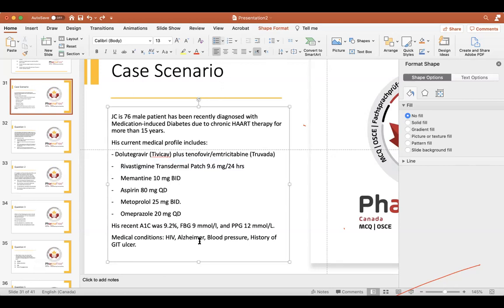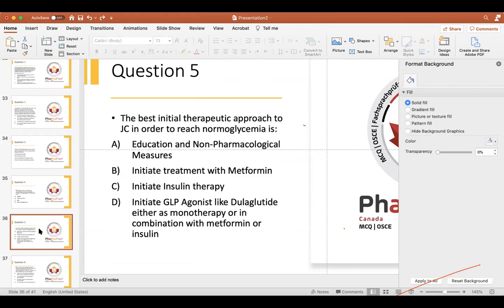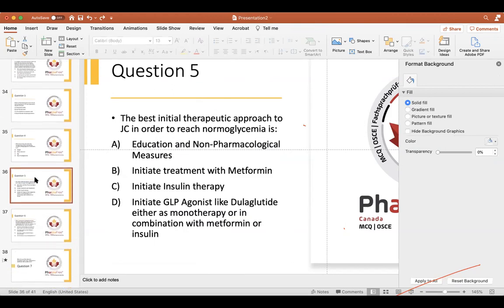The most common side effect with the GLP-1s is the GIT side effect, and he's already taking rivastigmine, which has a significant GIT effect. Moreover, the weight loss side effect is the same as with dulaglutide. So you will cause excessive weight loss and excessive GIT side effects for this patient. In this case, dulaglutide would not be a good choice.